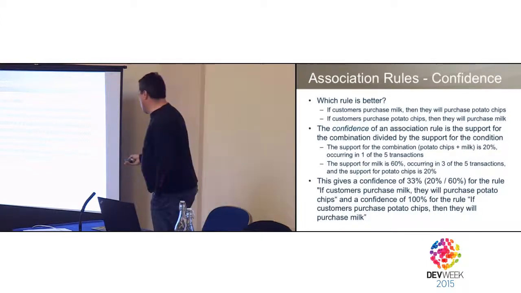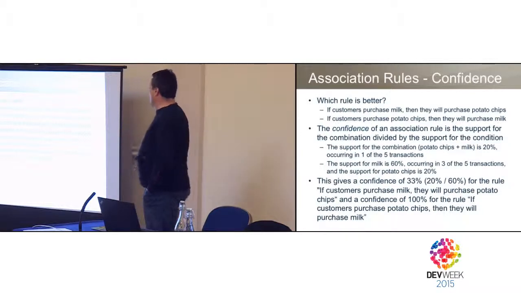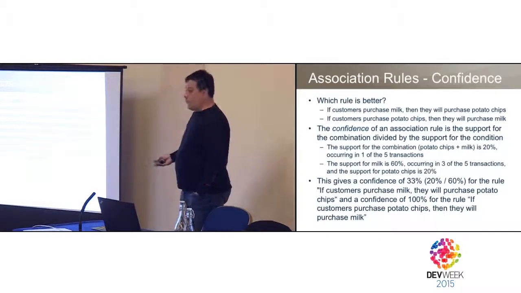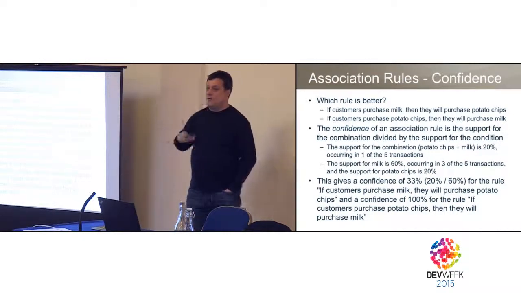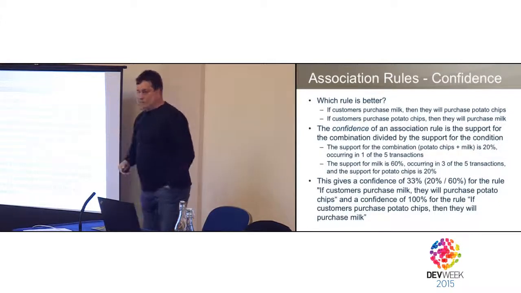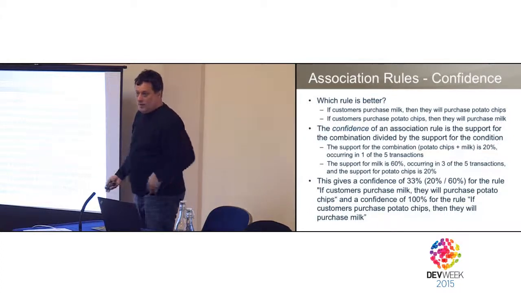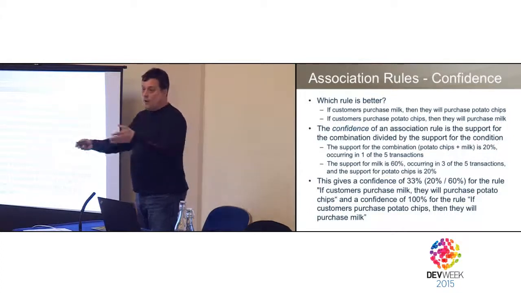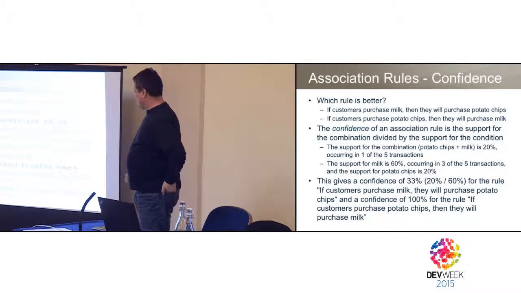So we define confidence as support for the combination divided by support for the condition when we express the rule as an if statement. And we see that we can be much more confident that milk will be in the basket when potato chips are in the basket than if we turn the order. So it also drives how you put these products on your shelves.